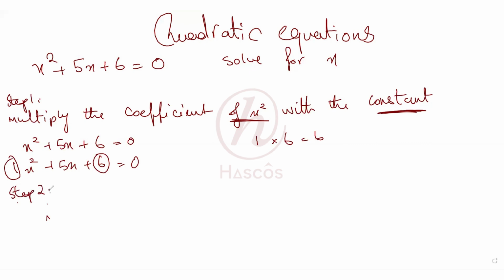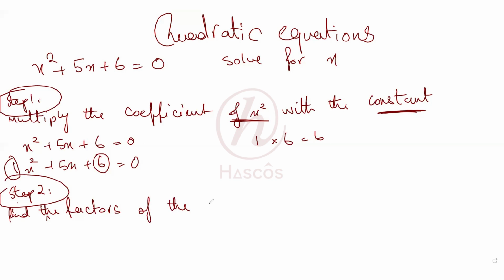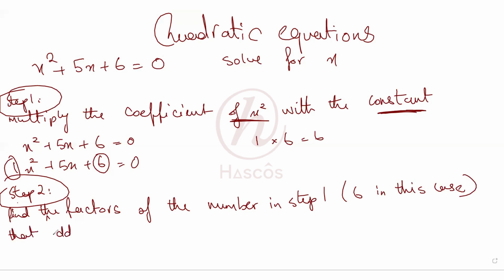Step number 2. Find the factors of the number in step 1, which is 6 in this case, that add to give you the middle term.